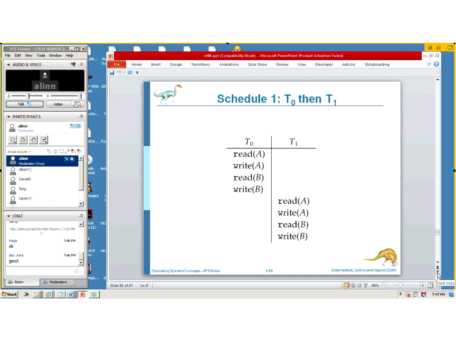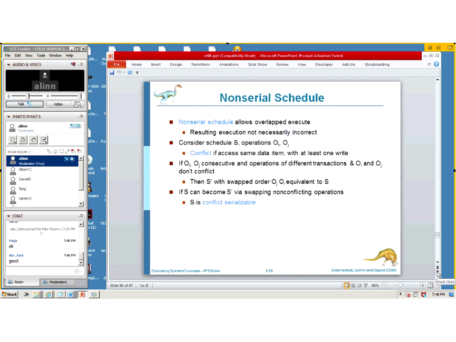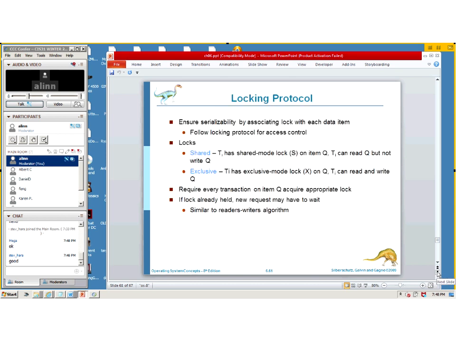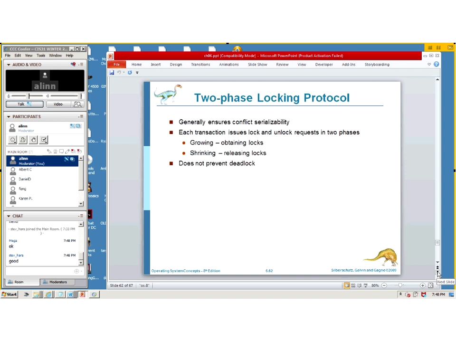Good. It's just showing you the same thing I was showing you about these events and what's happening with them. And then you have this non-serial schedule, which is a lot more complicated. I talked about the locking mechanisms.